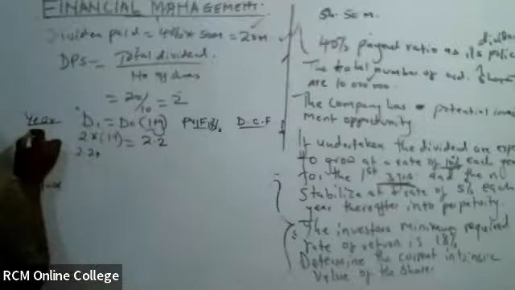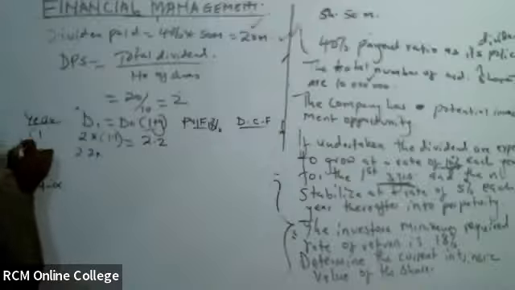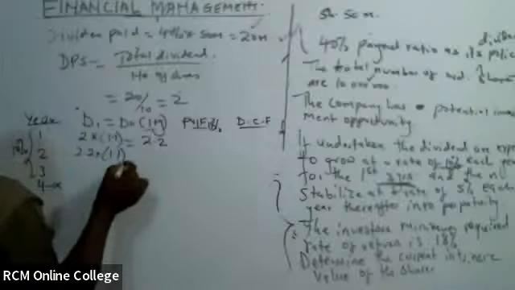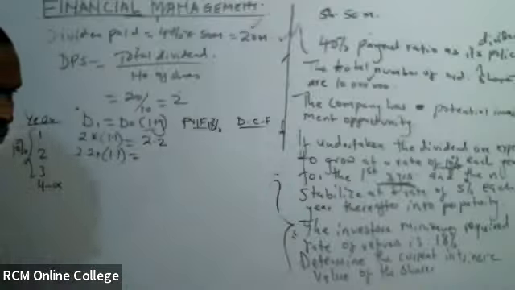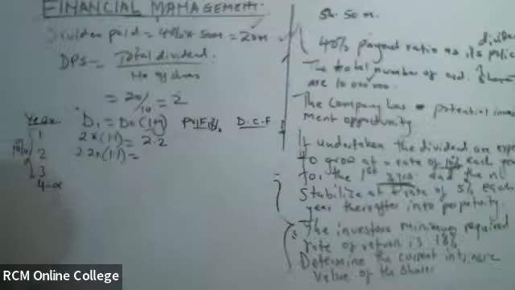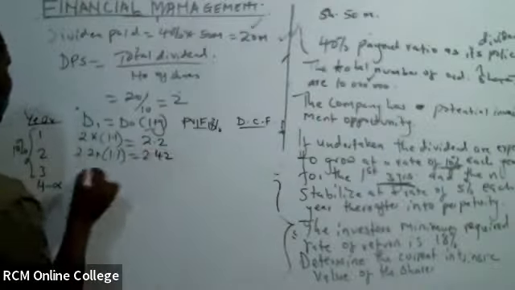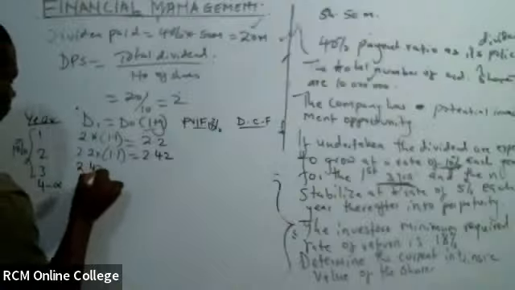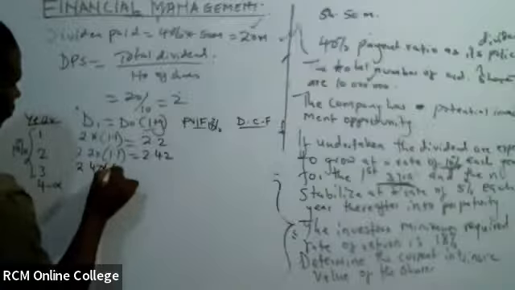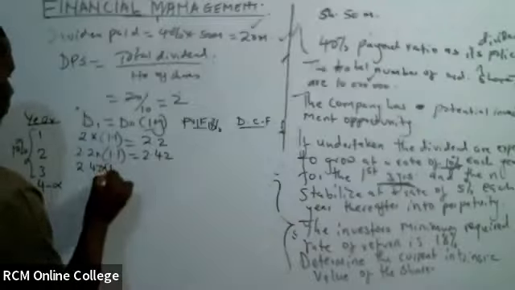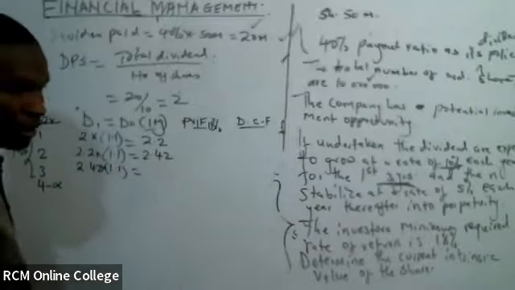Still, for the 3 years, inaenda na 10%. 1.1. So it is 2.42. Let's grow our 2.42 times 1.1.